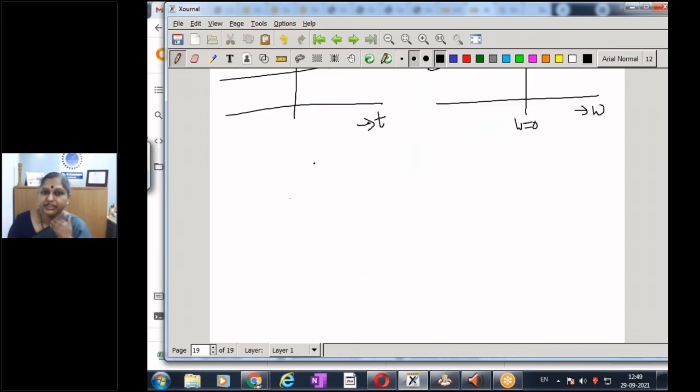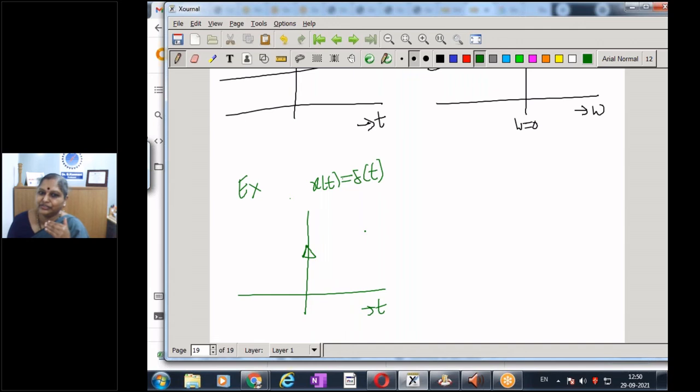Similarly, if I do the other example, suppose I take my signal x of t to be an impulse. What do you think the Fourier transform will be?